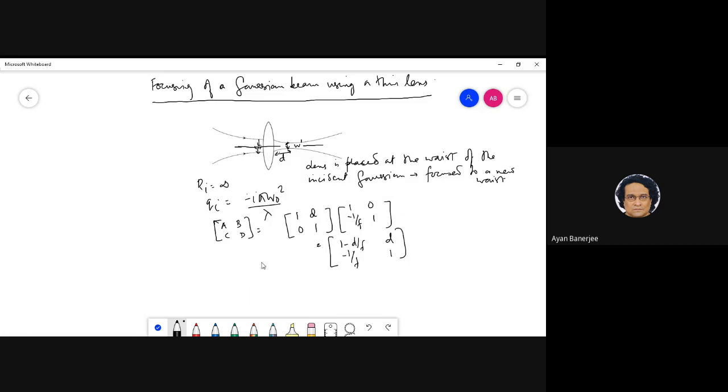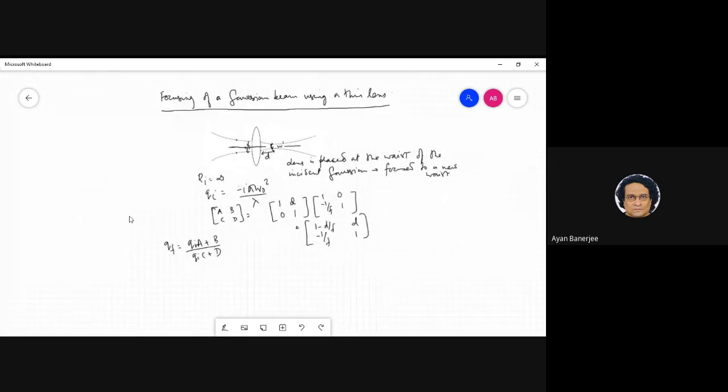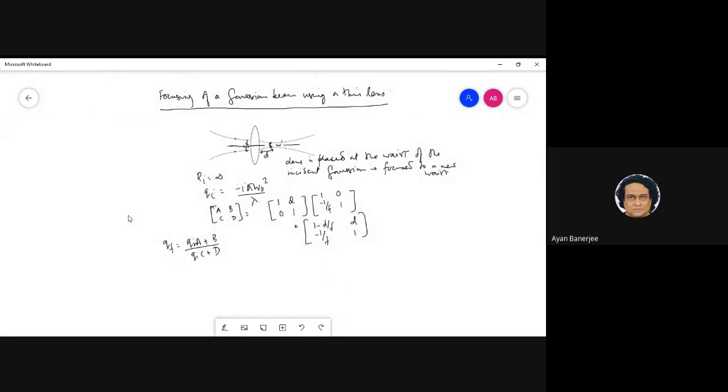So we know that qf is given by (q_i A + B) by (q_i C + D).